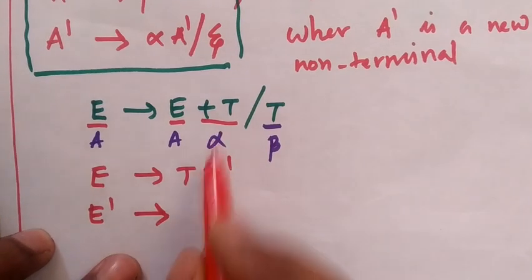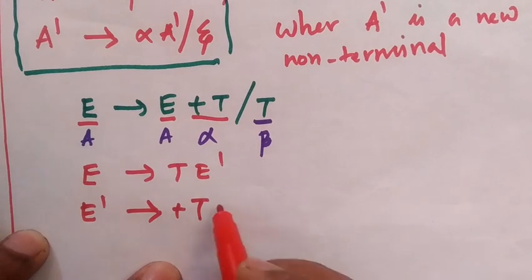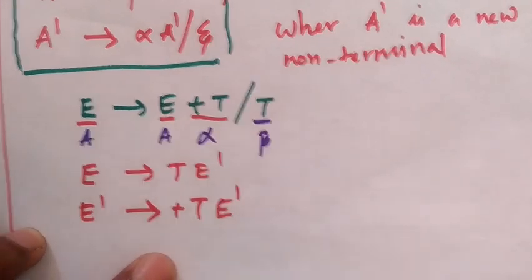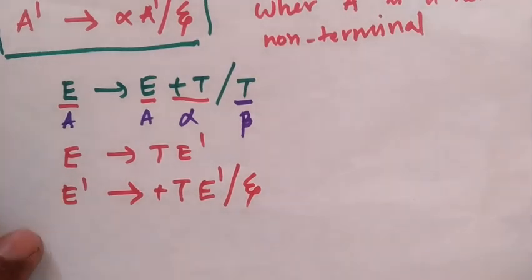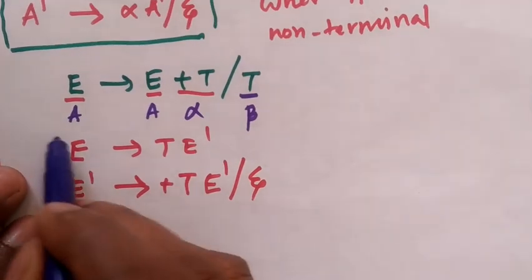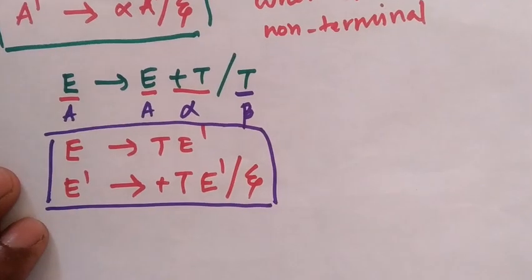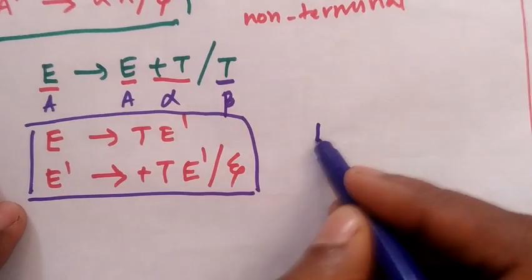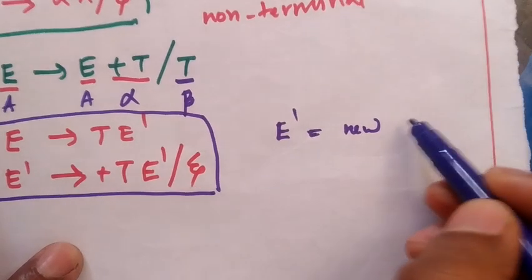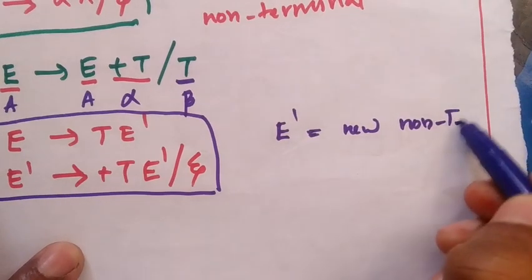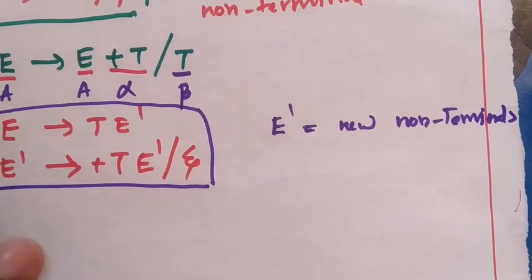That means alpha is our plus T, E dash, then finally one epsilon. This is the equivalent production removing immediate left recursion. Here E dash is a new non-terminal.